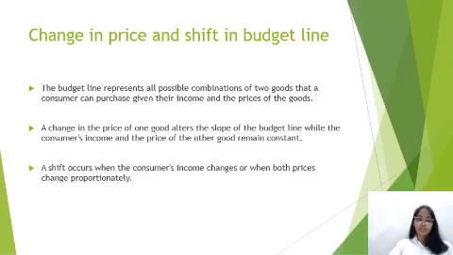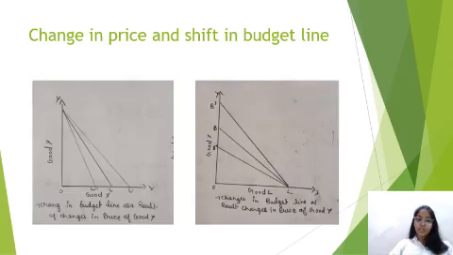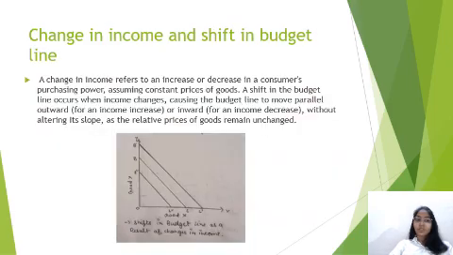The next one is change in price and shift in budget line. You can see the curves here which I explained to you. What's the meaning?